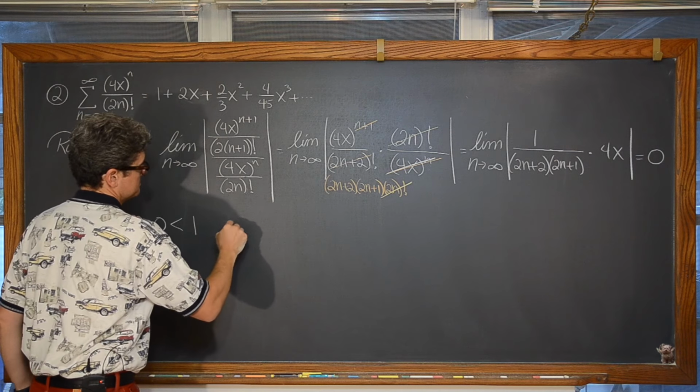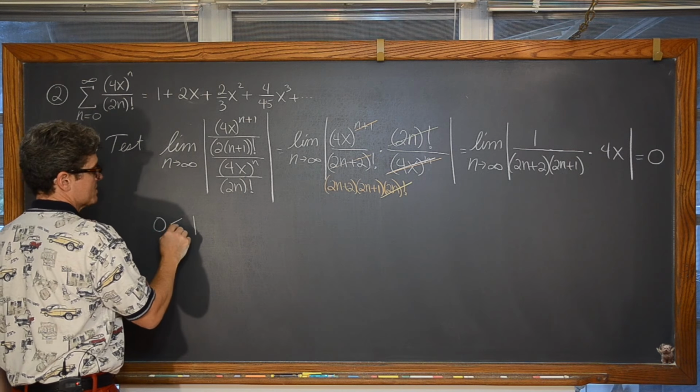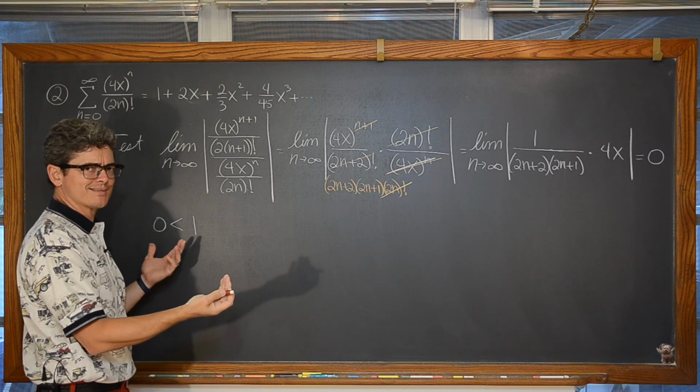So since 0 is always less than 1, and there's not even a place for x to go, right?